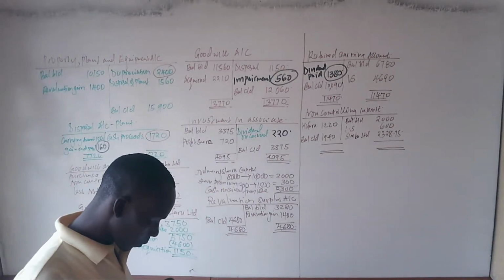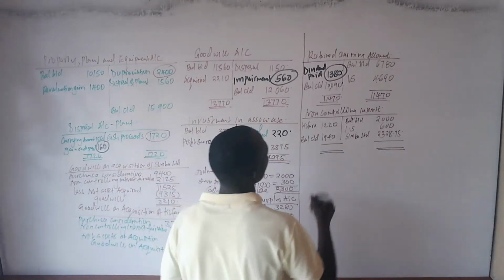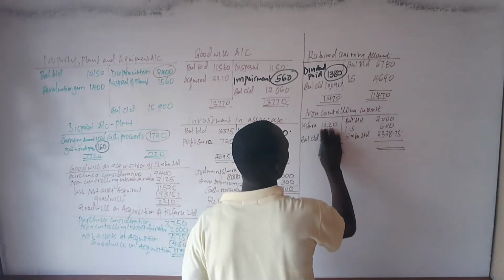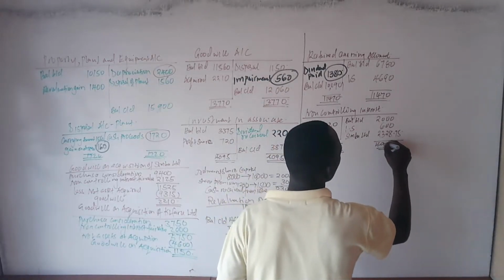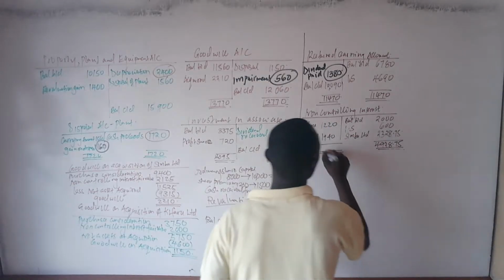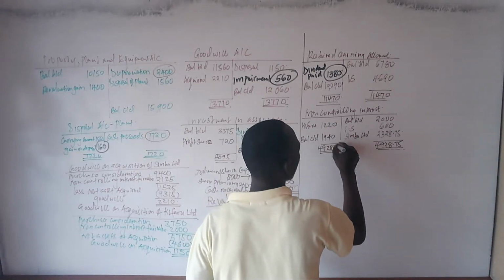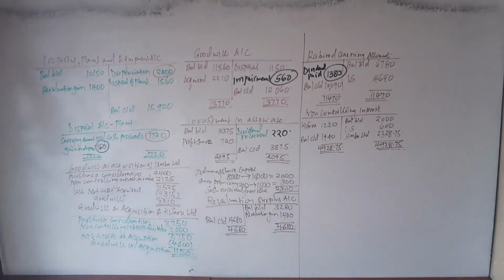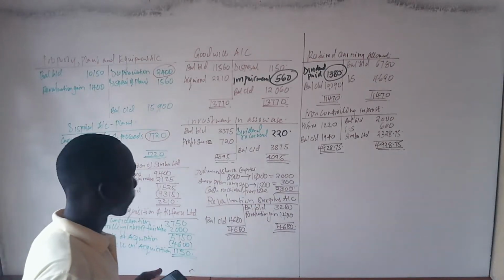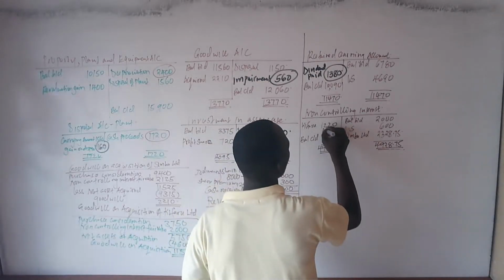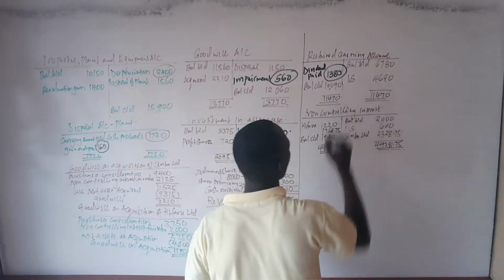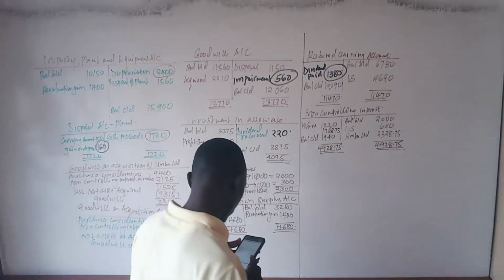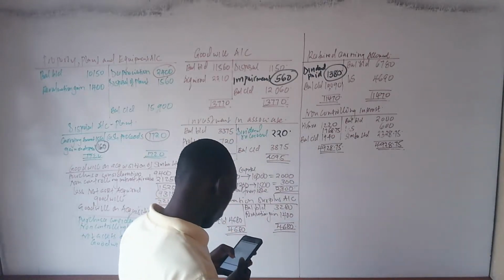So the balancing figure is 1768.75. Then from there, we go to what else?